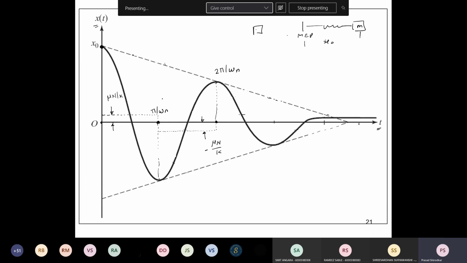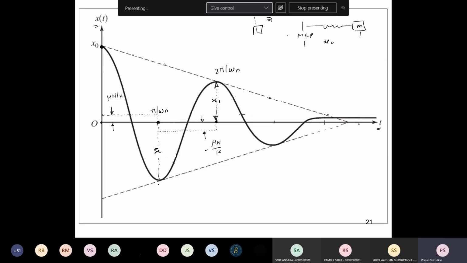Let's mark this as x bar. Then it again comes back, and this will be x1.